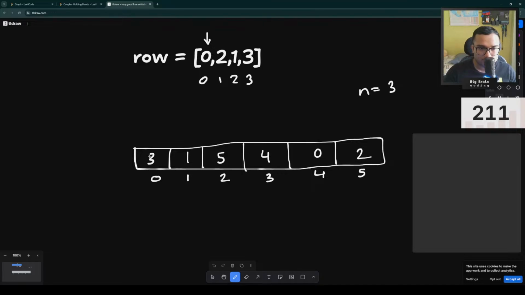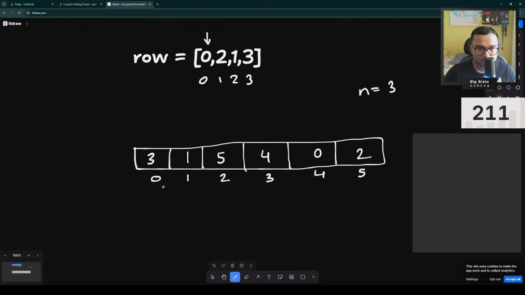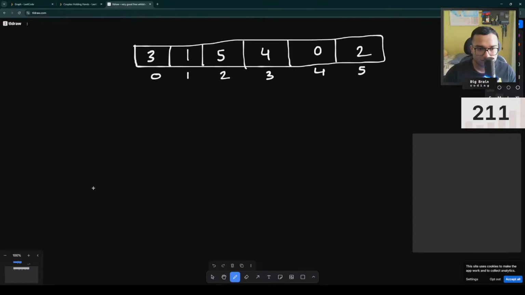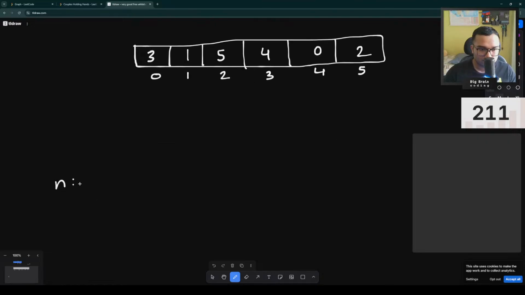So I see 3 is here, right? And next to it should be what? Okay, let's say any number n is given, right? So if n is odd, then its partner is n minus 1.